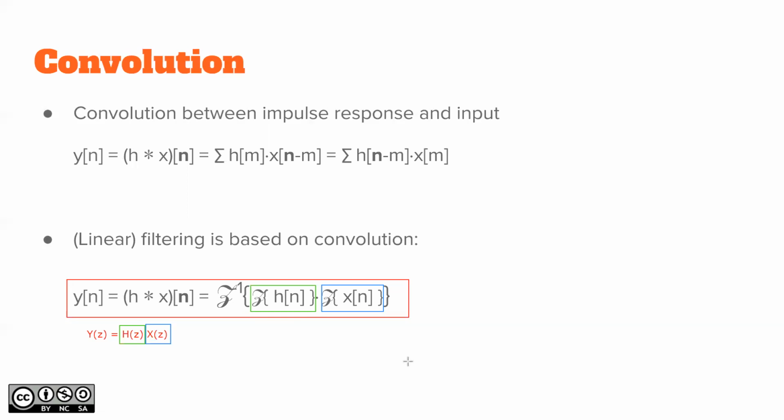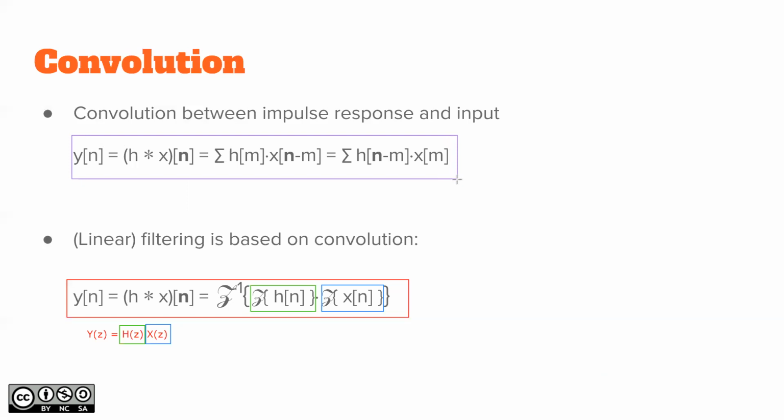So where do you need that convolution? Practically, calculating the Z transform of an arbitrary signal is time consuming. So how do you eventually do the filtering? Using the convolution.